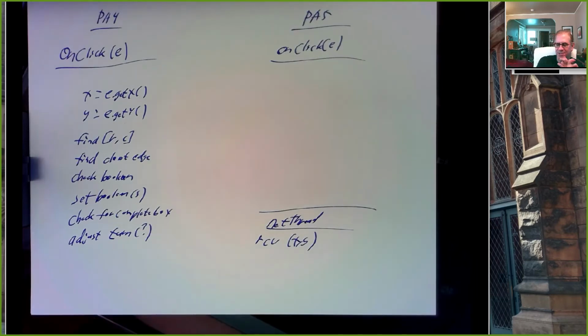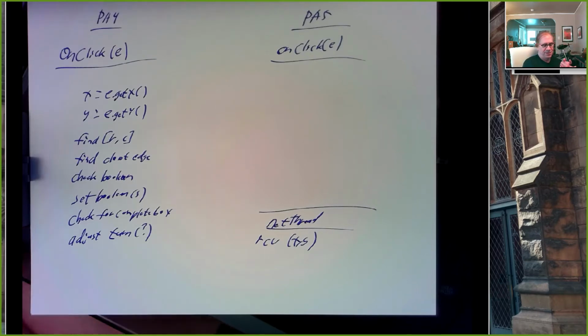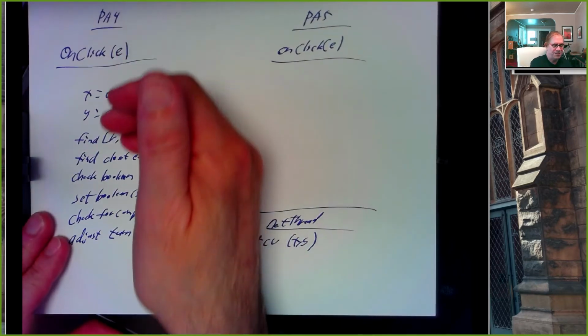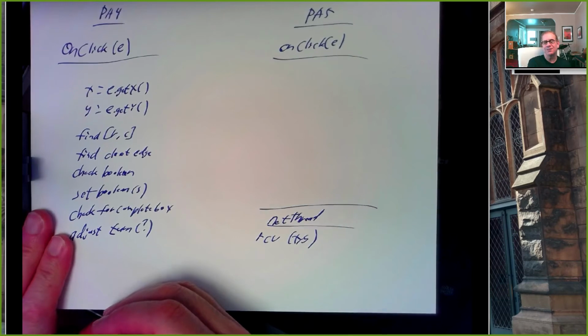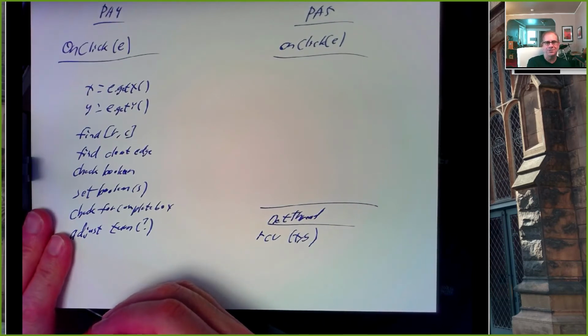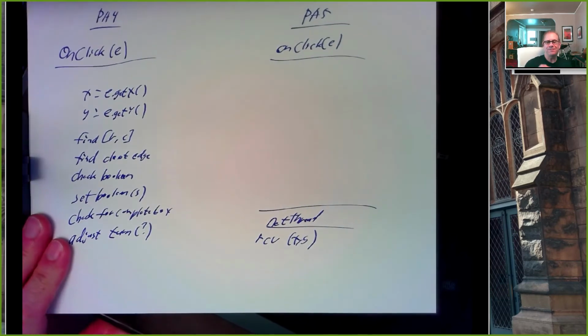So, a couple of things here, right? First, in PA4, we actually had two different things happening. We could have player 1 click the mouse, or we could have player 2 click the mouse. In your code, you didn't have to make a distinction between those. We had a flag for whose turn it was, but everything we did in the mouse listener was pretty much the same, regardless of who was holding the mouse and pressing the button. All right, in PA5, player 1, player 2 clicking the mouse, totally different ways of getting into our code.